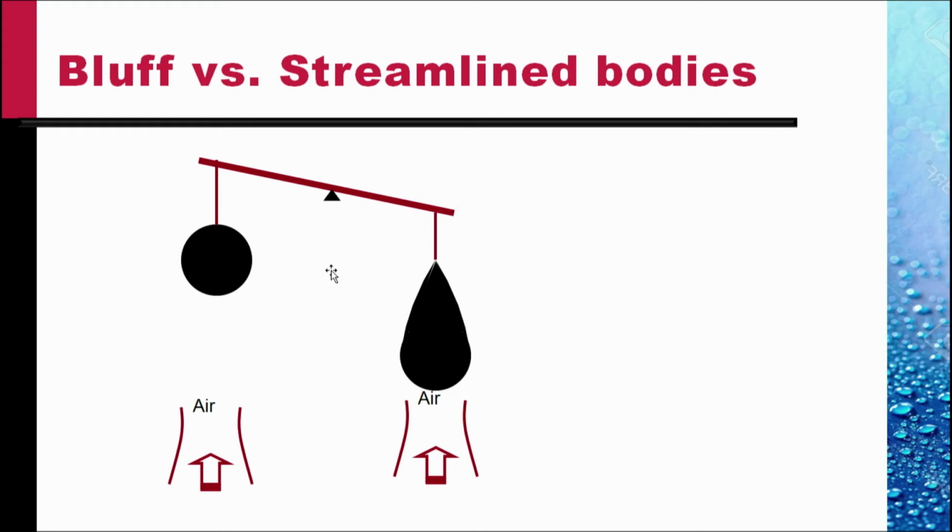On the streamlined body, the boundary layer does not separate very much. If it separates at all, it is near the trailing edge. And so, the pressure on this body recovers as we go down, and the pressure differences in the front and the back are small. Therefore, the pressure drag is small.